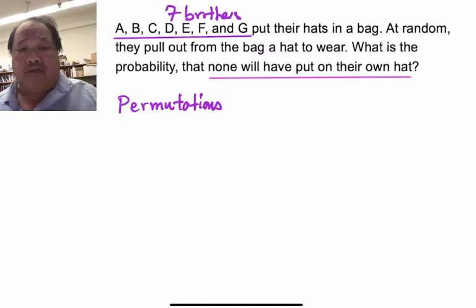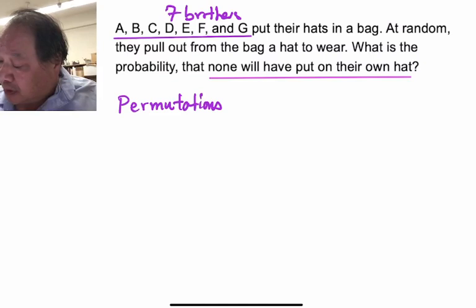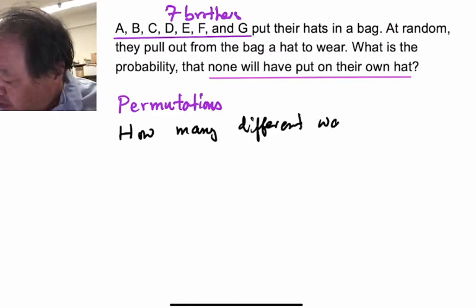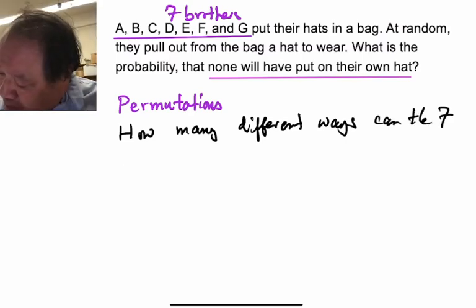And so, even not looking at the question itself, I'm just going to ask myself, how many different ways can the 7 put on hats?